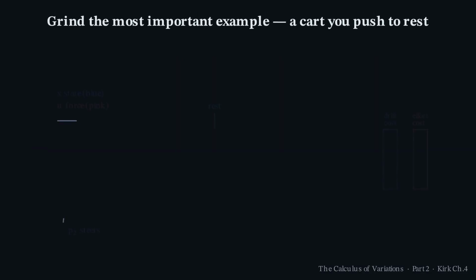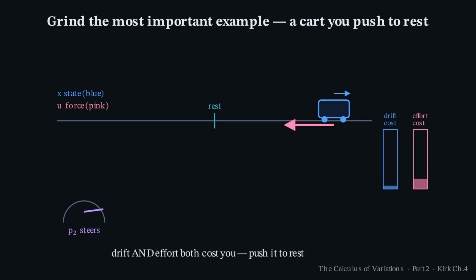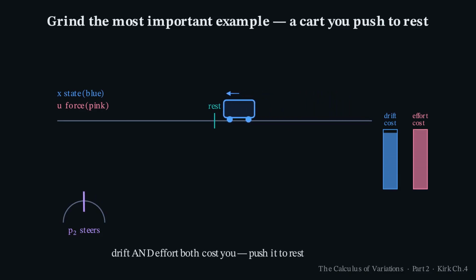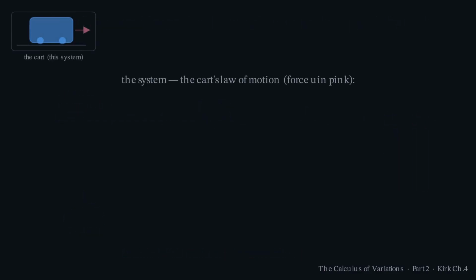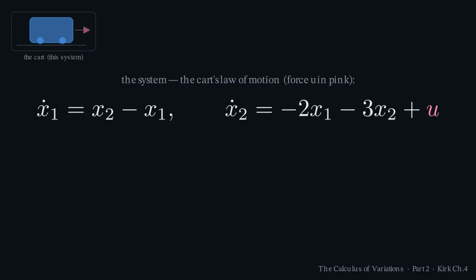Now let's grind the most important example in all of control, completely. The system: x1 dot equals x2 minus x1. x2 dot equals minus 2x1 minus 3x2 plus the control u. Two states that drift on their own and one control u we choose, pushing on the second.